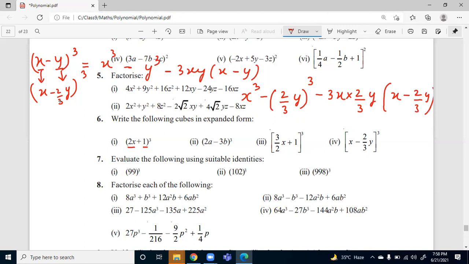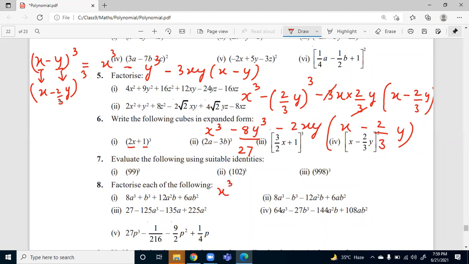So when you solve this, it is x cube, and 2 cube is 8, y cube is y cube, and 3 cube is 27. So minus 8 by 27 y cube, and then 3 and 3 will get cancelled, and it is minus 2xy in the bracket x minus 2 by 3y. When you solve it again, x cube minus 8y cube upon 27.